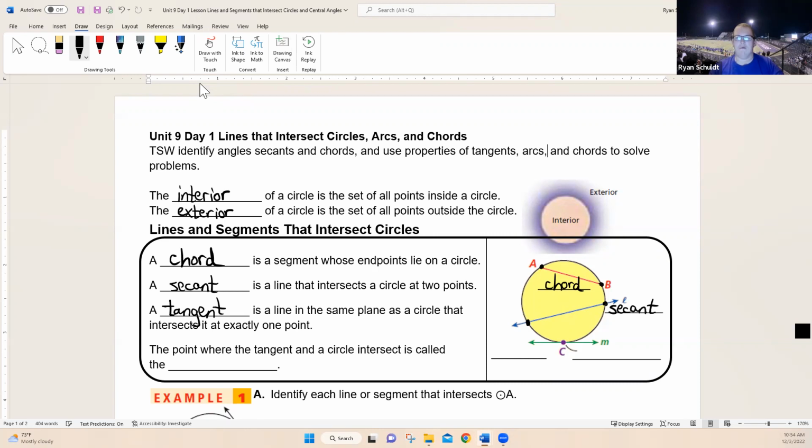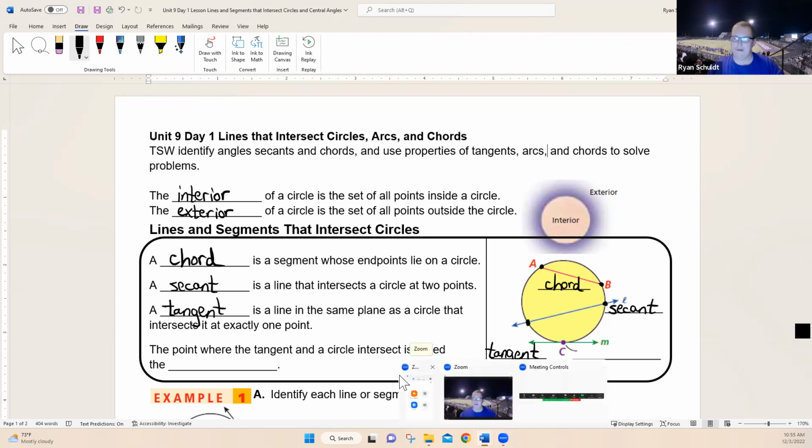It's kind of like when you were little and your siblings were messing with you. I'm not touching you. I'm not touching you. Oh, I touched you. I'm not touching you anymore, though. They get close, they touch it, and they run away. That's a tangent. So line M is tangent.